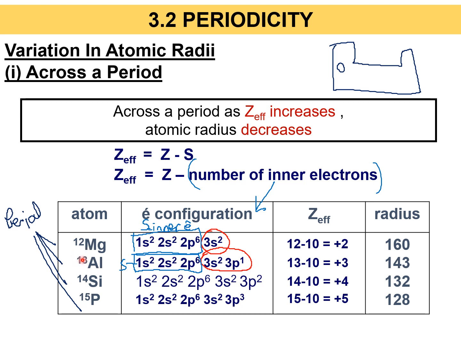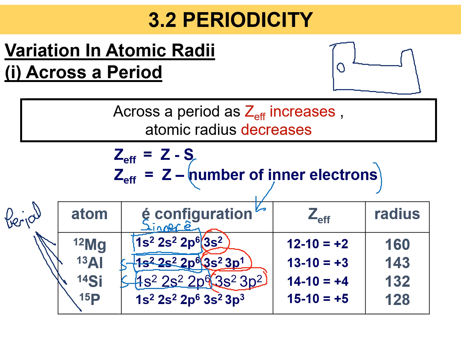Tapi number of proton berbeza, 13 minus with 10, positive 3. So, kan kita dah cakap bila ZEF increases, atomic radius decreases. So, bila ZEF increase, atomic radius makin lama makin kecil. And if you go to Si, you will know that the Si ni, this is the valence electron, valence shell. This is the S. Okay.